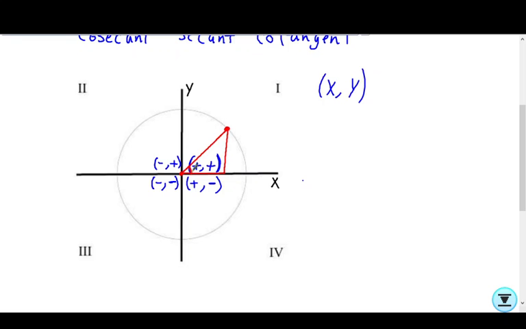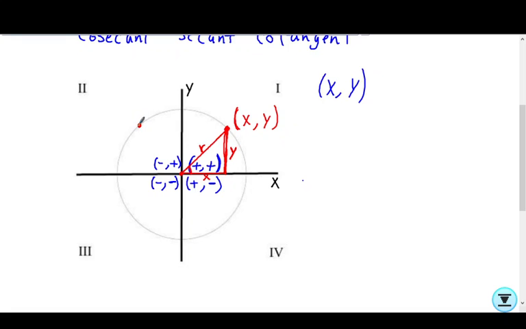That means this side is my y, this side is my x, this side is my r, which makes this coordinate (x, y). We'll talk about that more later. But that also means that when I look at my trig ratios, which quadrant I'm in determines whether they are positive or negative. In the first quadrant, y and x are both positive, so all of my trig functions are going to be positive.